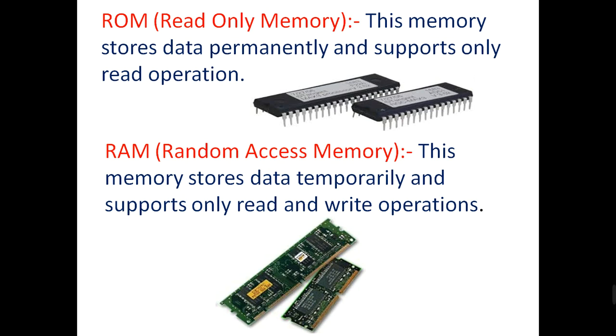But when the computer shuts down, it will lose all its data. So this is also called a volatile memory. RAM is a volatile memory because it loses its data when it does not get electricity or power supply.